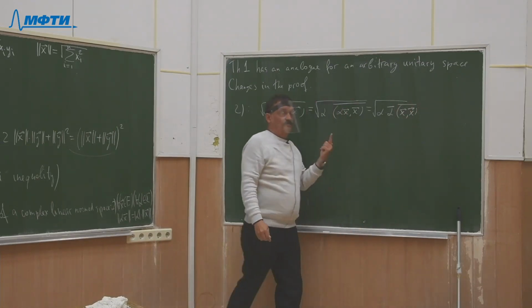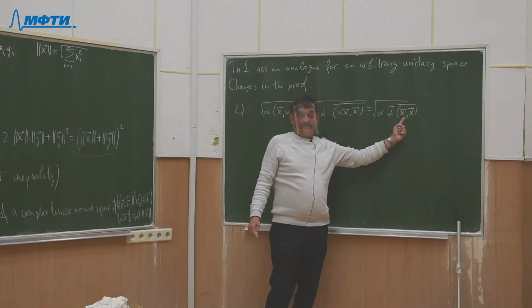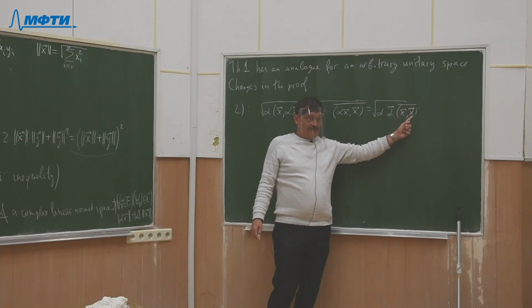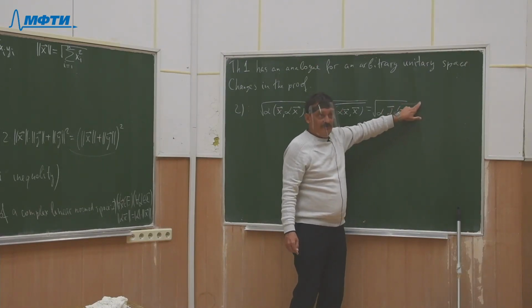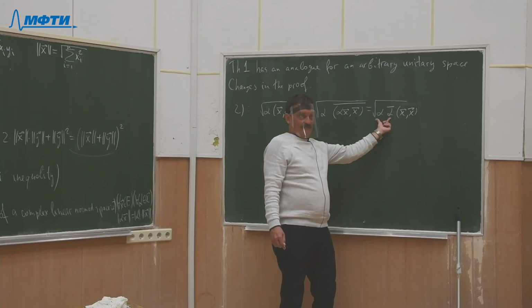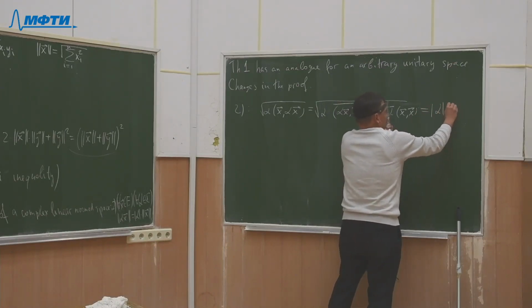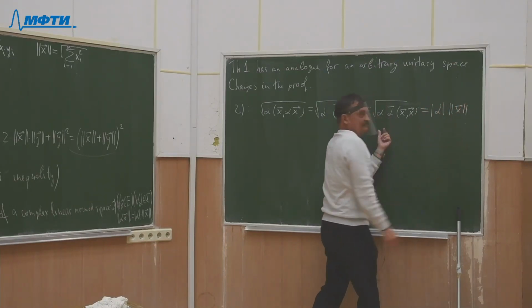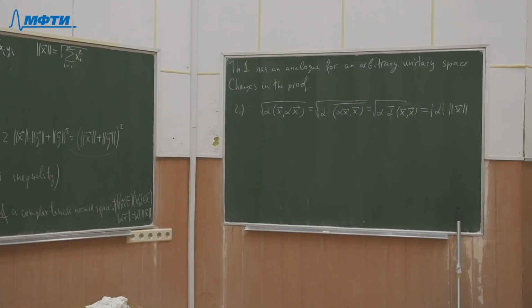But we know, even for a unitary space, this is real non-negative. And if it is real, forget about this conjugate, right? And what is it? Modulo alpha squared. So once again, we obtain modulo alpha times norm of x, right? So you see, the only change for the proof of the second property is here.